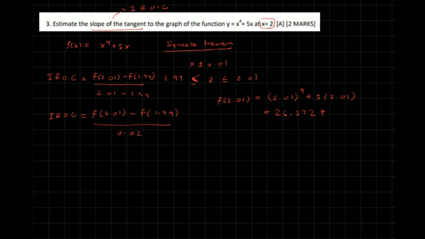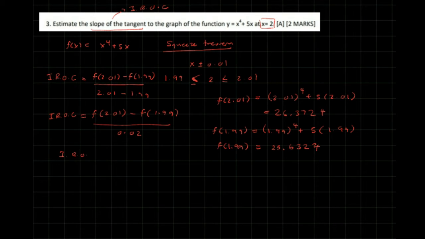I'm going to use 4 decimals. f of 1.99 is equal to 1.99 to the power 4 plus 5 times 1.99, which is equal to 25.6324. Okay, and then we plug this in to our expression.